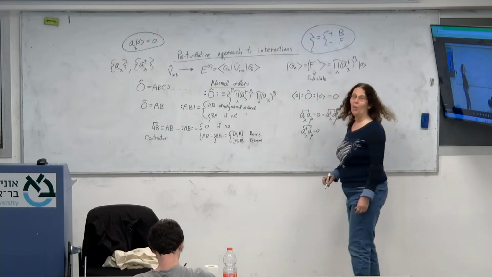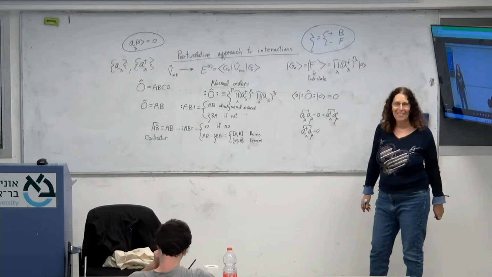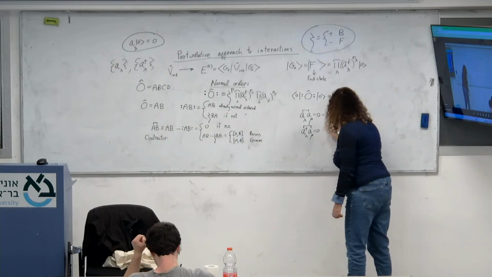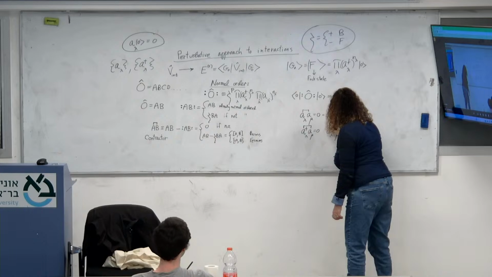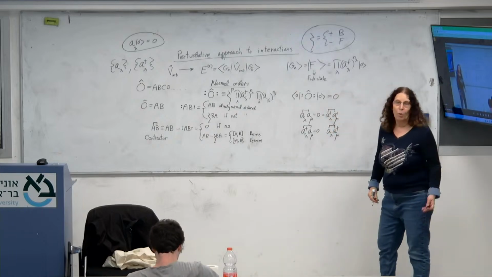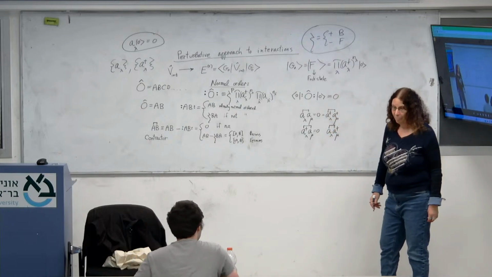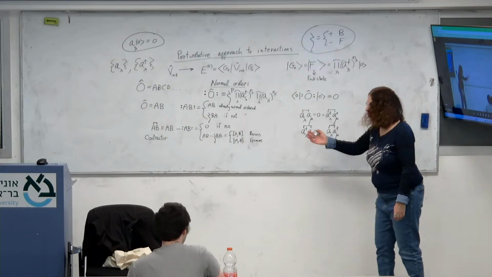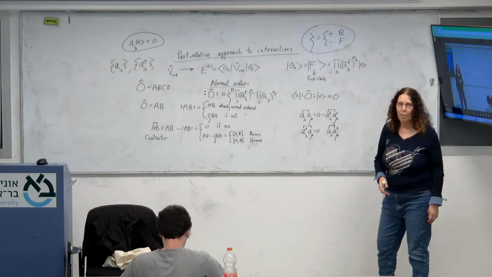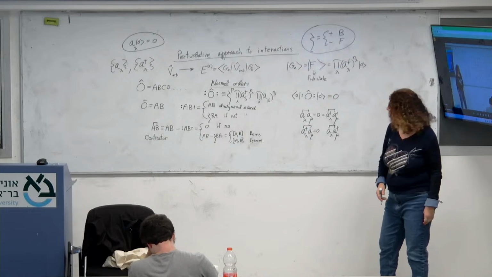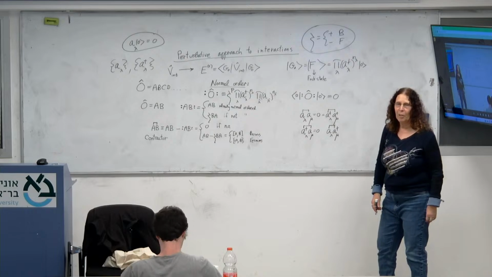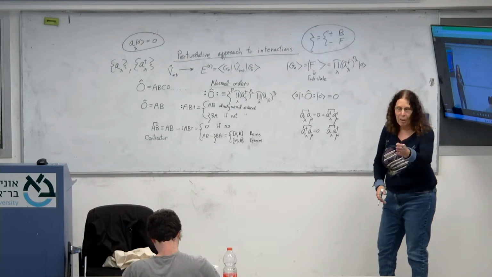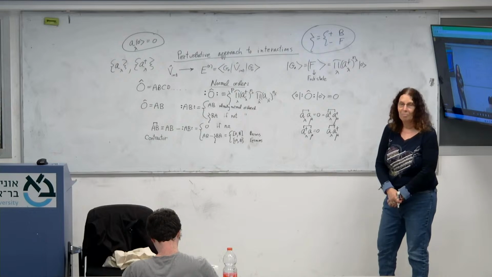So what is not 0? Something else: A with the same index. This is not 0, because what is it then? It's either the commutator or the anti-commutator. It's 0 if they have a different index. I didn't tell you that lambda and mu are different, but you are right, if they're different, it's 0.